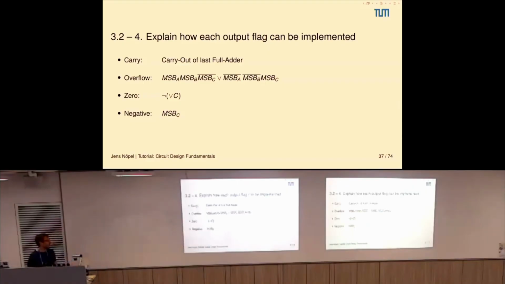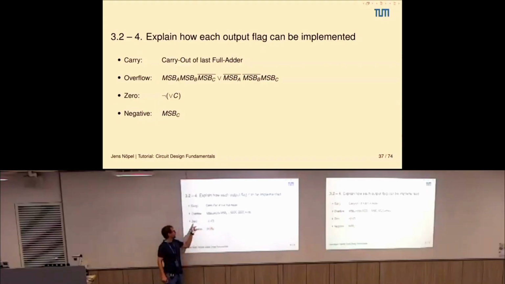And for the 0, we just take every bit of C, OR it together, and then take the negation of it. Because the idea is like if one bit in C is 1, then this part here gets 1.